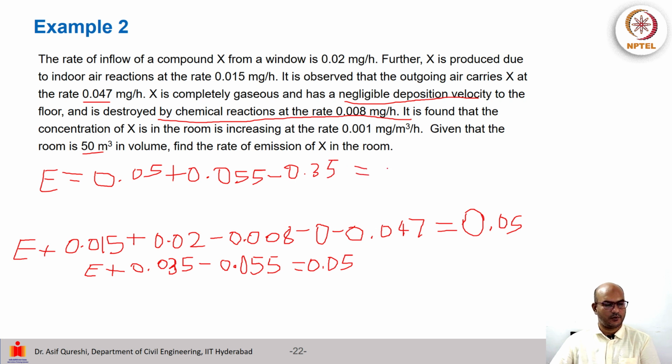This will be equal to 0.07 milligrams per hour. So this is our answer.